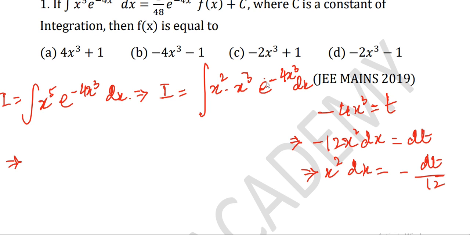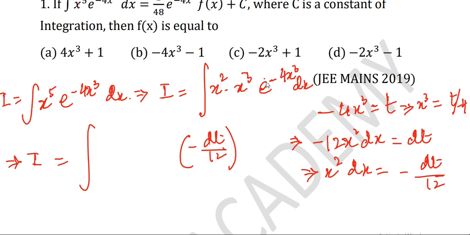Now x square dx is minus dt upon 12. And from here we can get x cube as t by minus 4. So we can write this as integration of, x square dx is minus dt upon 12.